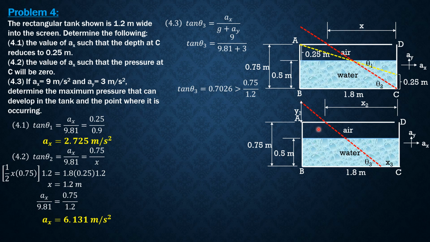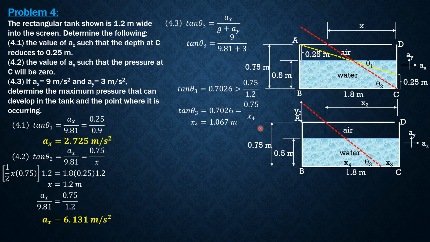So because this part is filled with water, and let's drop this distance, I call this x sub 4, where x sub 4 can be solved because tangent theta 3 is known. So tangent theta 3, which is 0.7026, equals 0.75 over x sub 4.